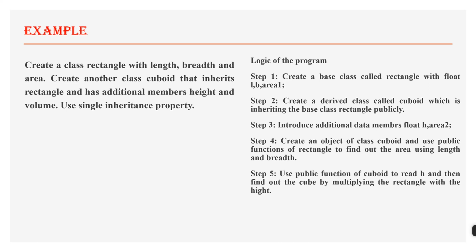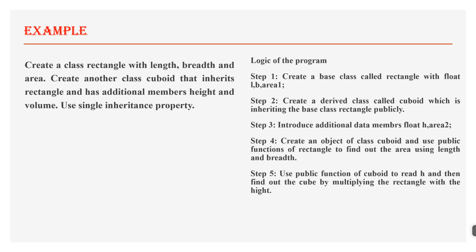Very important to note. Now I am creating another class that is called a derived class called cuboid with the additional data members which are limited only to cuboid, but it cannot be accessed by rectangle. They are h, height and area 2.